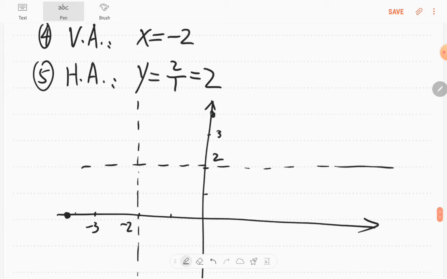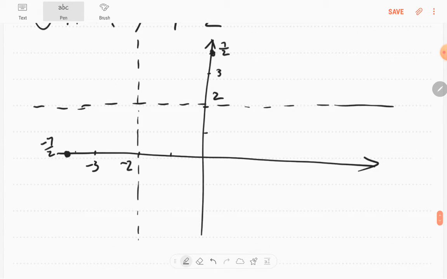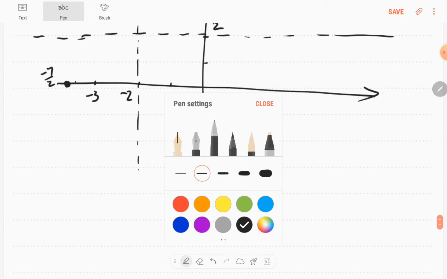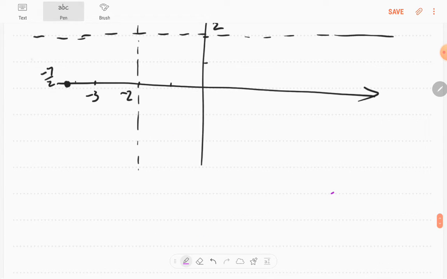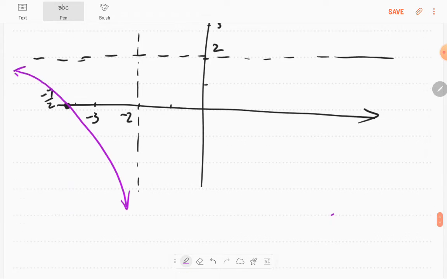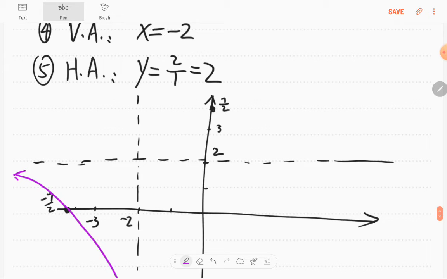This is the 7 over 2. This is -7 over 2. So the graph would be, right. This is our graph.